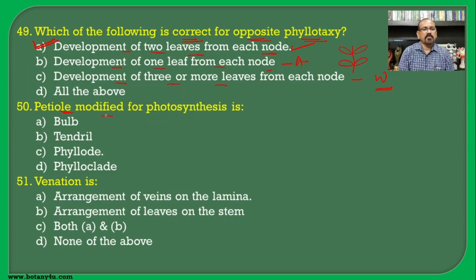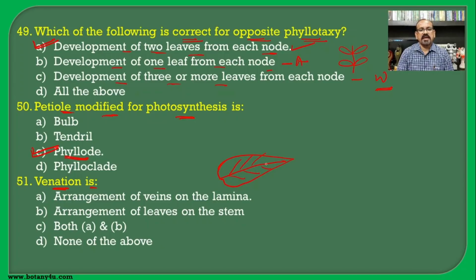Then petiole modified for photosynthesis. We have seen earlier that it is the phyllode, which is found in Acacia species. Venation is nothing but the arrangement of veins in the leaf.